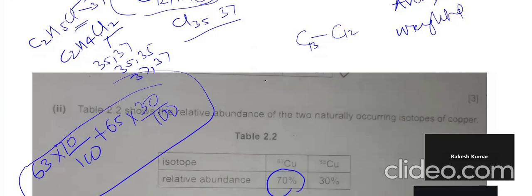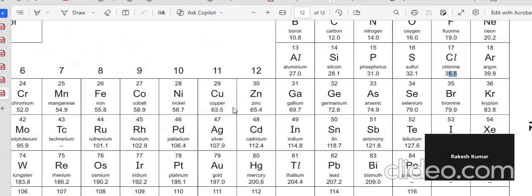So it's 63 into 0.7 plus 65 into 0.3. That works out to be 63.6. I don't know what values they have given, but copper is somewhere near this only, 63.5. So that's how you would see the weighted average.